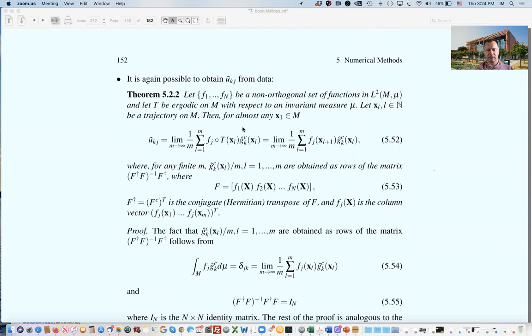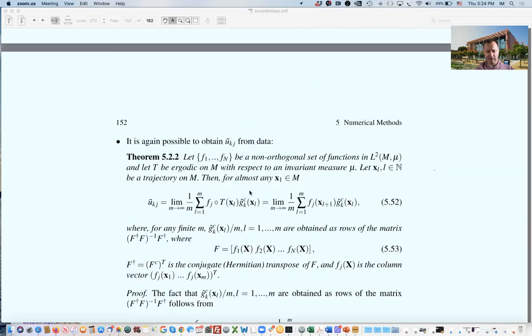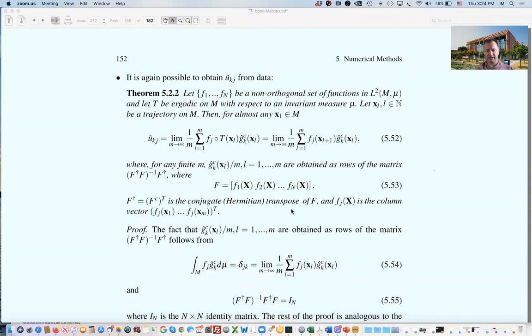So this is just taking this limit, but using it at a finite m, right? At a finite m, we are going to approximate these guys with F dagger, F inverse, F dagger, right?